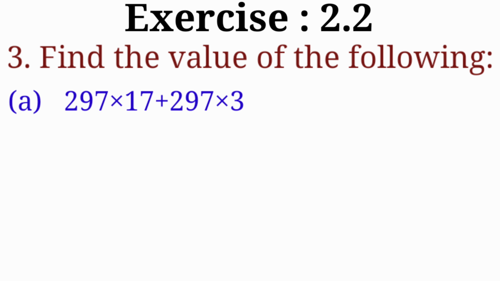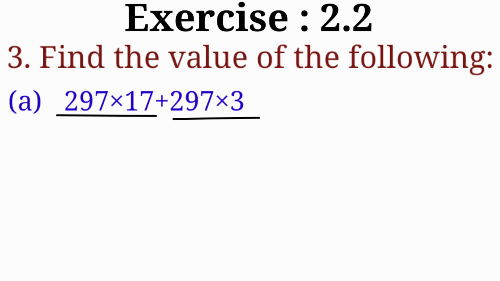But if we use a property here, then our calculation becomes very easy, and that property we already learned in our introduction part, and you also did it in class 5th, students, right? See, we have 297 in both the terms, meaning 297 is common in both terms. 297 into 17 is one term, plus 297 into 3 is the second term.